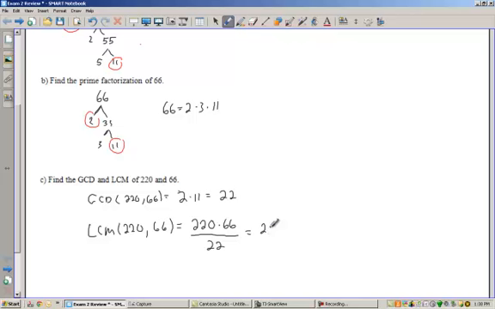And so this is equal to 220, and of course 22 goes into 66 3 times, so 220 times 3, which equals 660. So the least common multiple is 660.